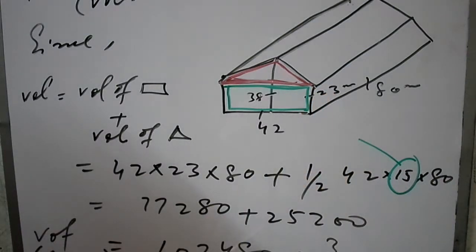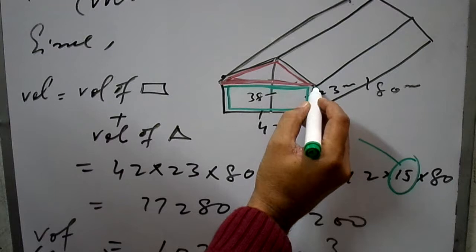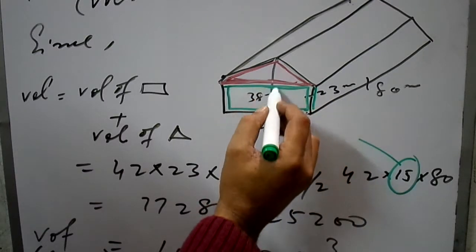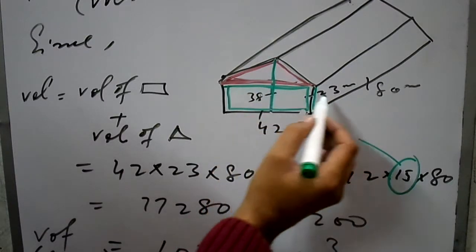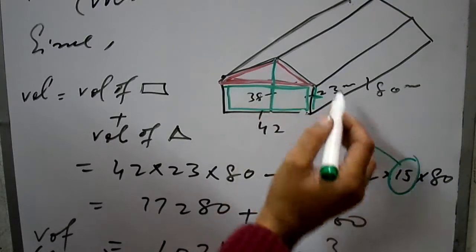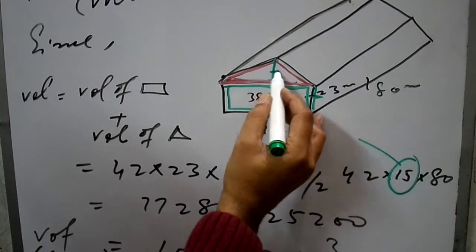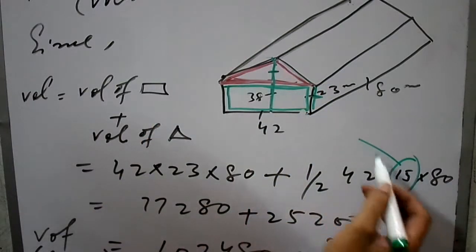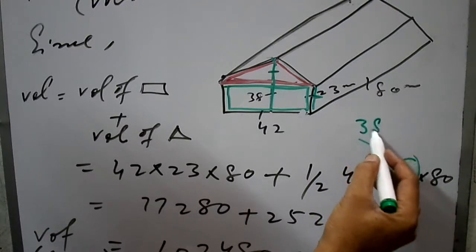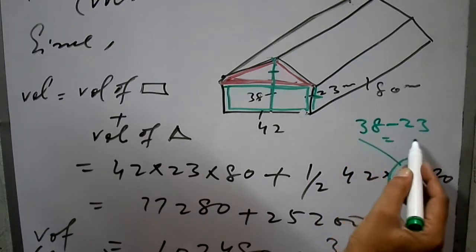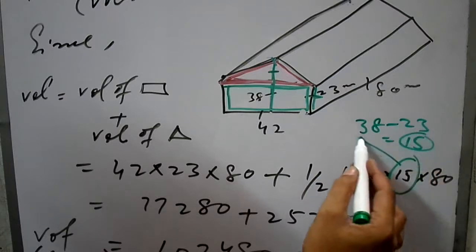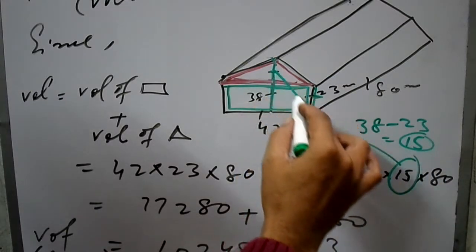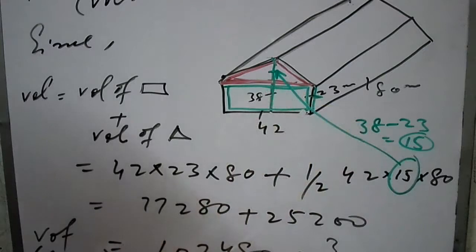So we have to subtract this one: the full height is 38 and this one is 23, so subtract it to get 15, because you need only this height, because you are calculating the triangular area. So 38 minus 23, you will get 15. That height we are using specifically for this. So that is the height of 15, and that is how we calculated it. So that is your result.